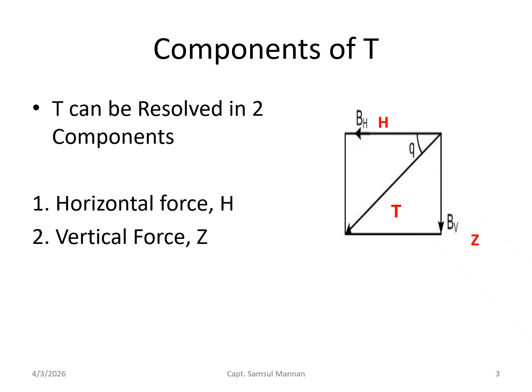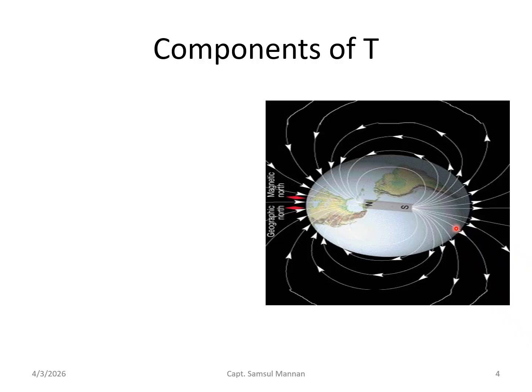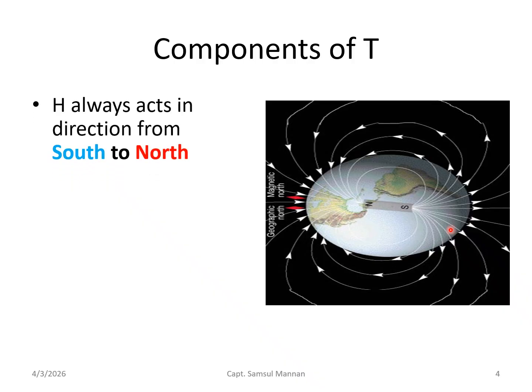Right, these components of Earth's total magnetic force will act in different directions. This H, the horizontal component of Earth's total magnetic force, will always act from south to north. Why?